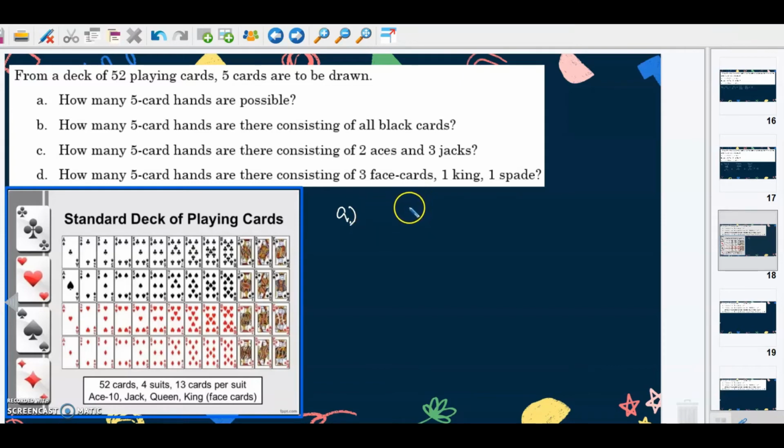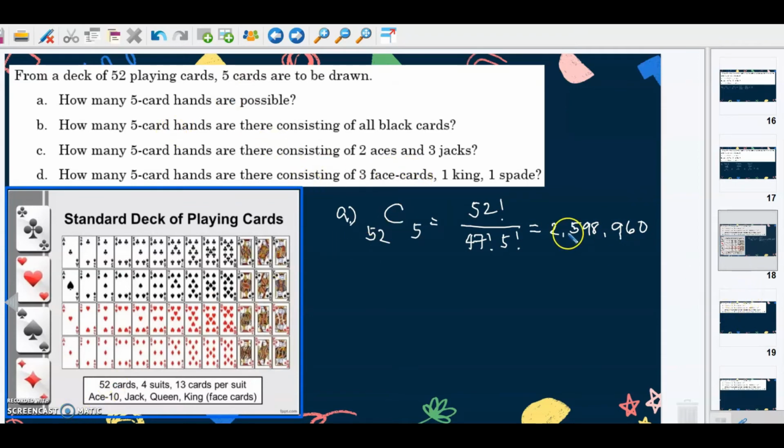For our solution, that would be the combination of 52 taken 5, which is equal to 52 factorial over 47 factorial times 5 factorial, which is equal to 2,598,960. So these are all the number of ways we can get 5 cards from 52 playing cards.